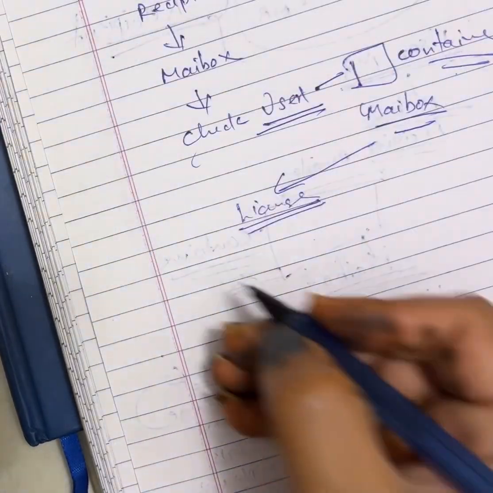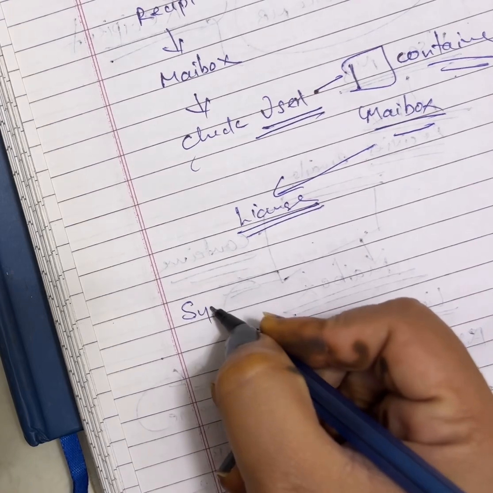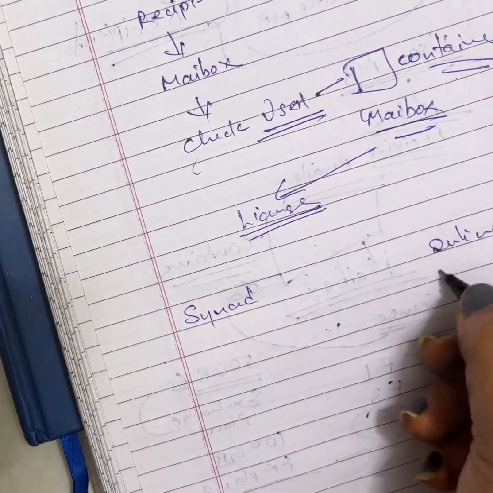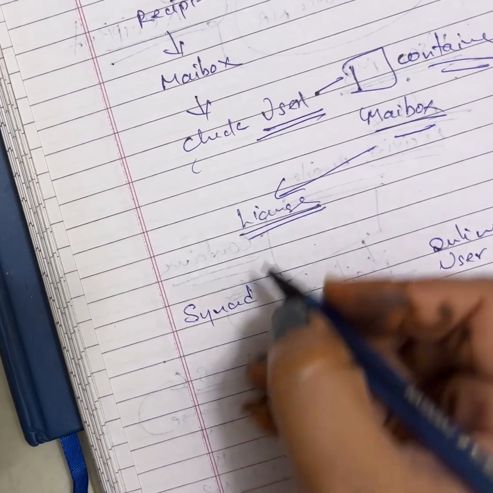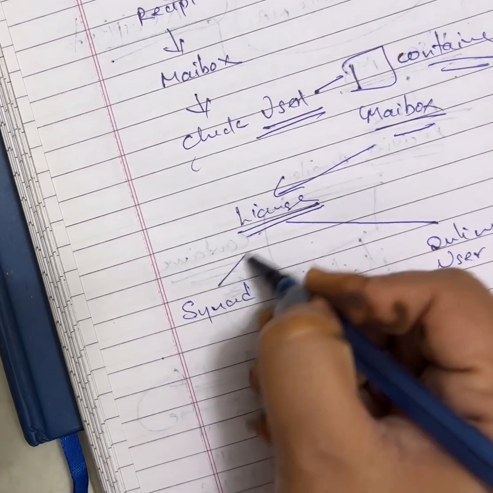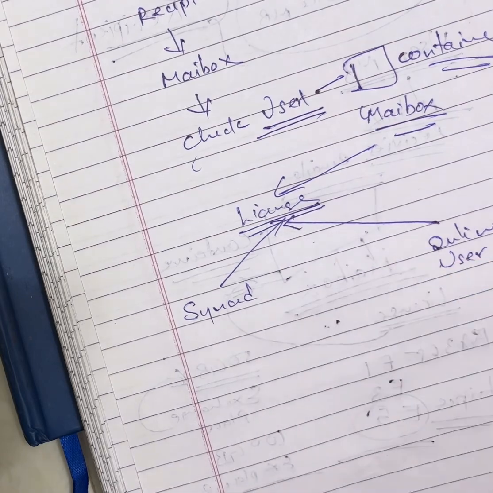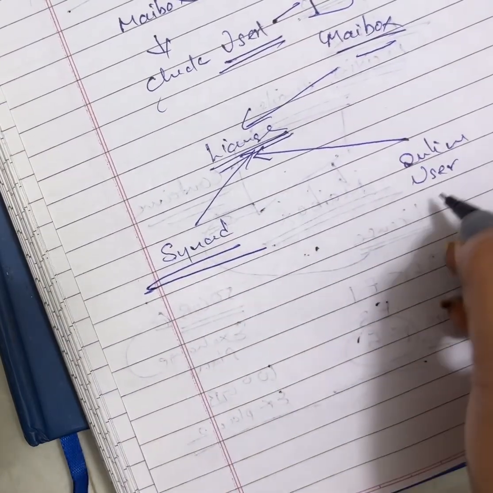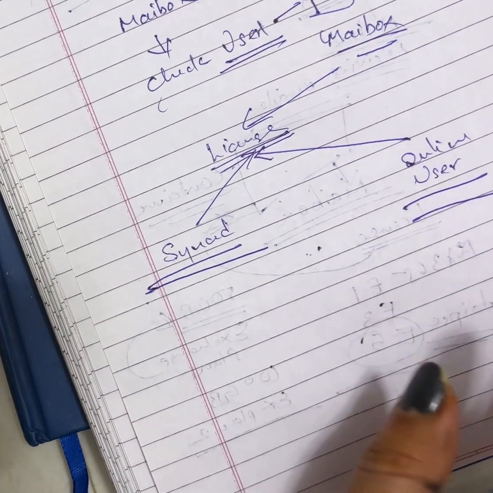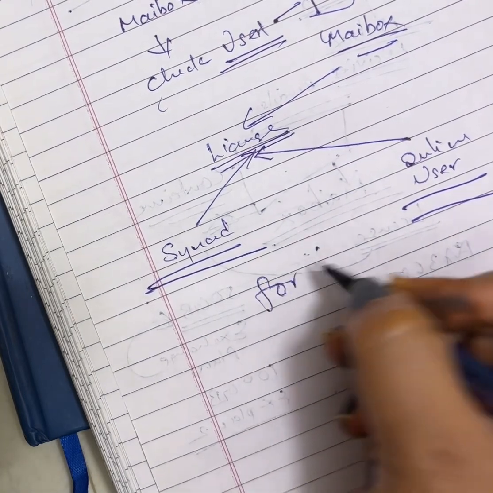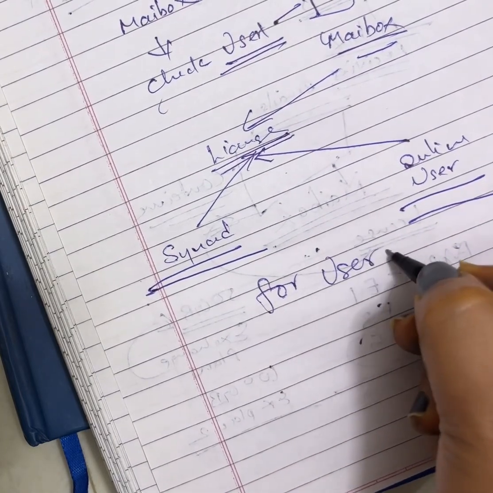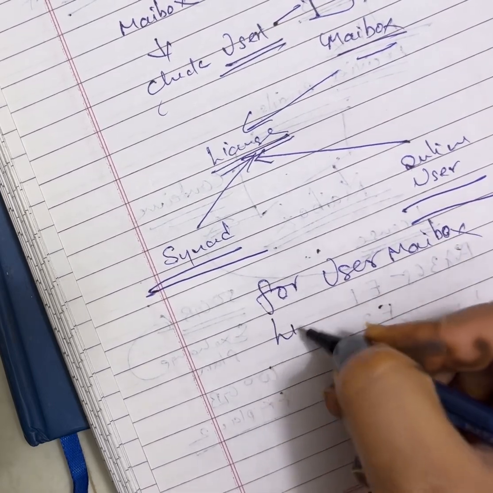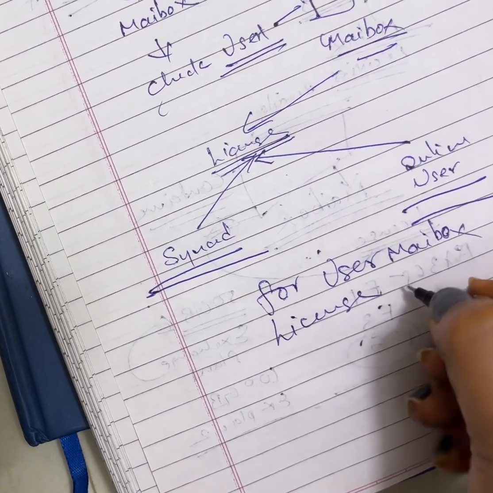Now we'll discuss the synced user and the online or cloud user. In both scenarios we need a license. No matter whether it is a synced user or an online user, for a user mailbox a license is compulsory.